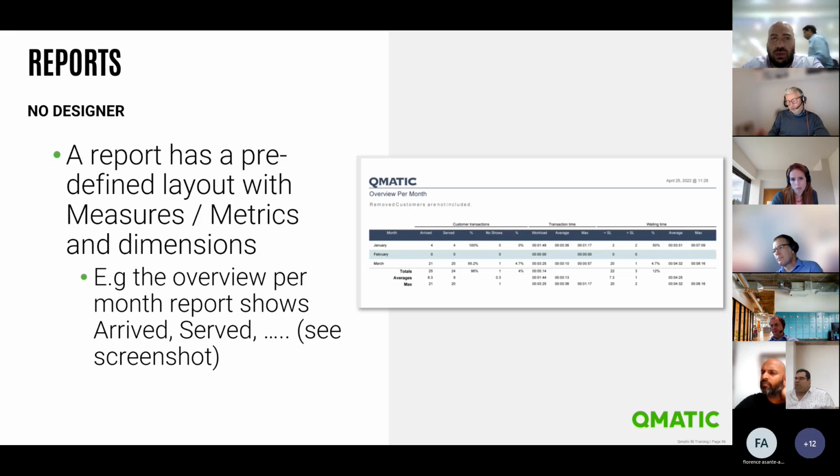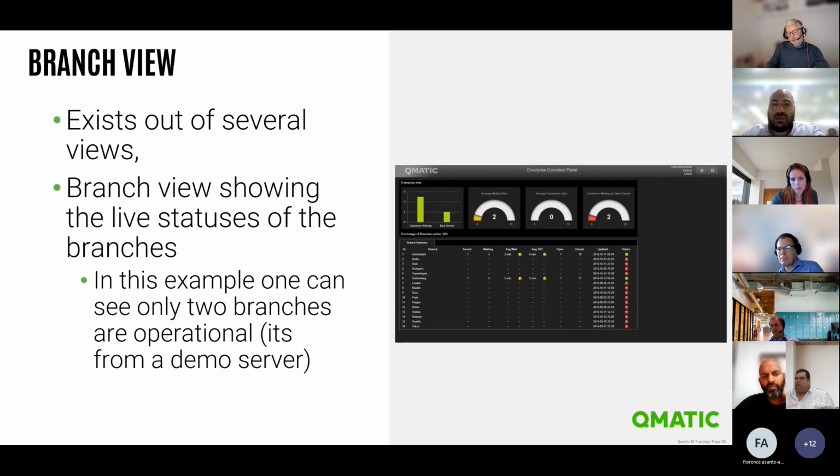Is this an overall for all branches or per specific branch? The dashboard, the ops panel, shows all branches. To make that absolutely clear, this shows Amsterdam, Berlin, Bern, Budapest, etc. The branches you see as a user depend on the access rights you have in the system.